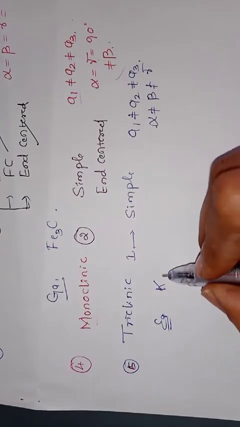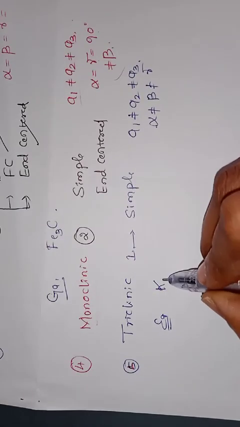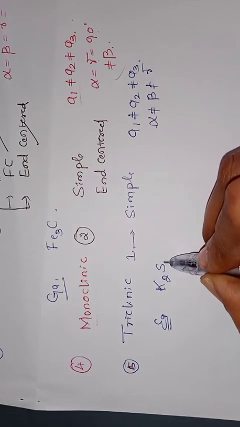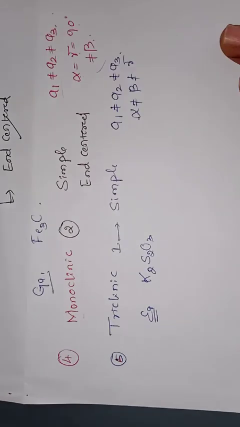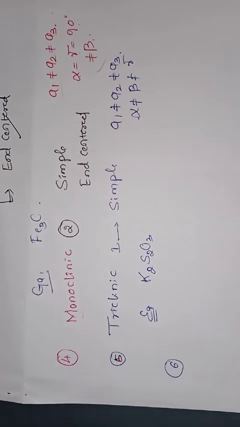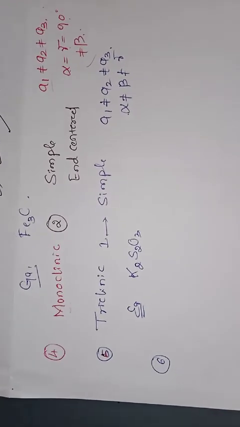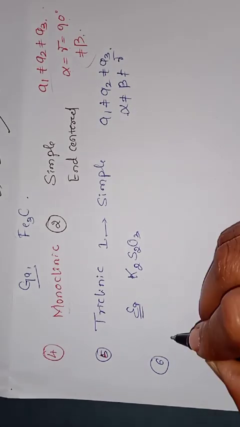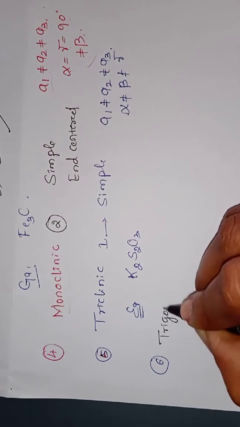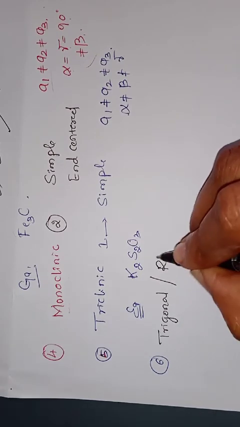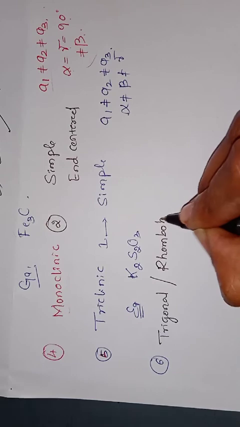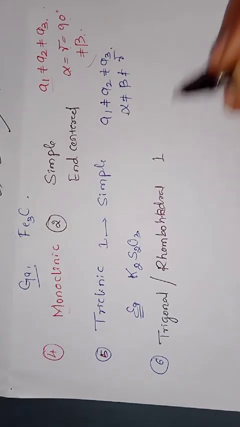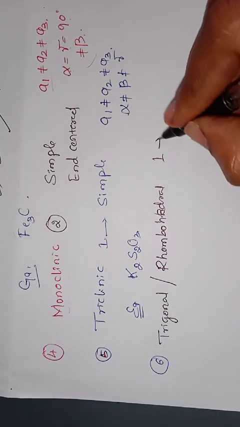For the triclinic, potassium parasulfate is the example. Then the sixth one is trigonal. We can write this as trigonal as well as rhombohedral. Both are the same. Here the number of lattices is 1, which is simple.